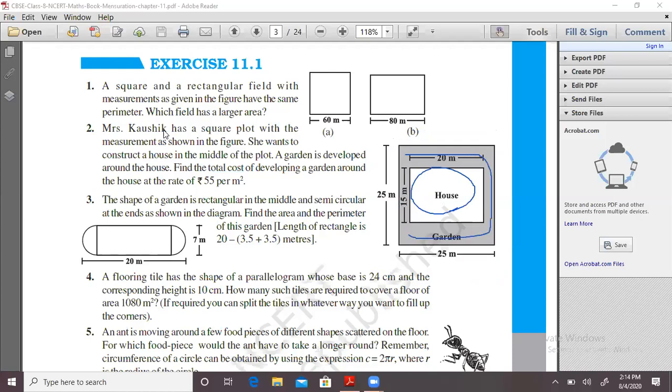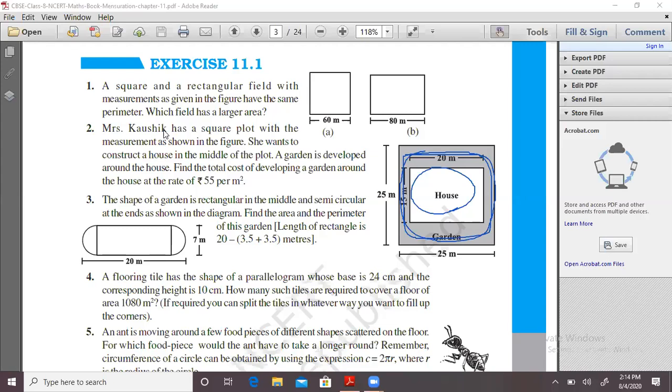Around the house there is garden, and you have to find out the cost of developing the garden. Developing the garden means you have to plant the garden. You have to just grow the grass there. So you are going to use area there. Plants will be planted on the area. So that means you will find out area there.